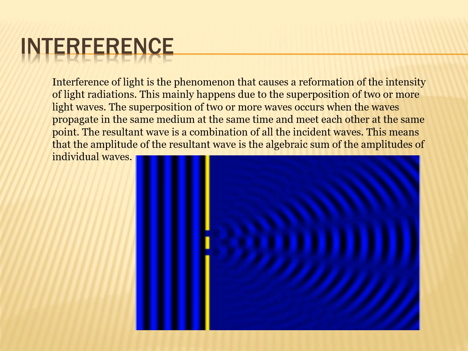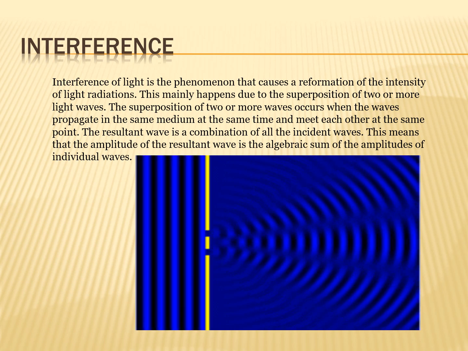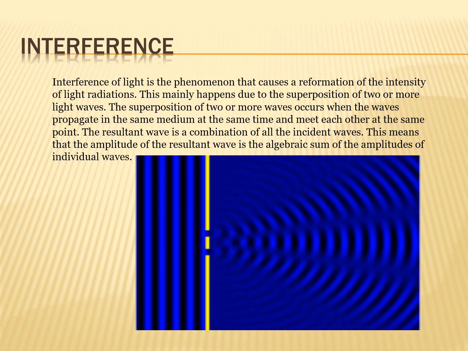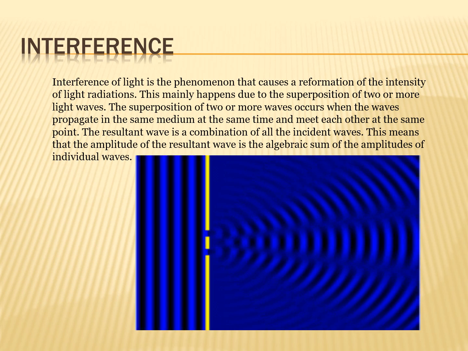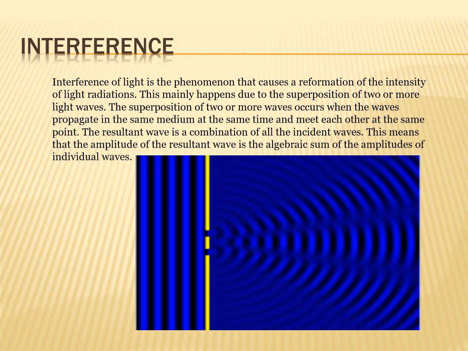The superposition of two or more waves occurs when the waves propagate in the same medium at the same time and meet each other at the same point. The resultant wave is a combination of all the incident waves. This means that the amplitude of the resultant wave is the algebraic sum of the amplitudes of the individual waves.